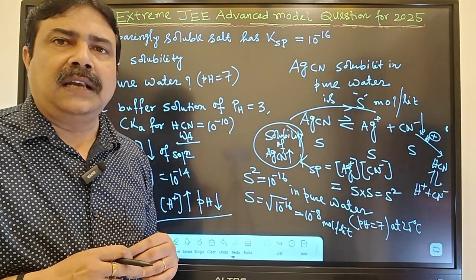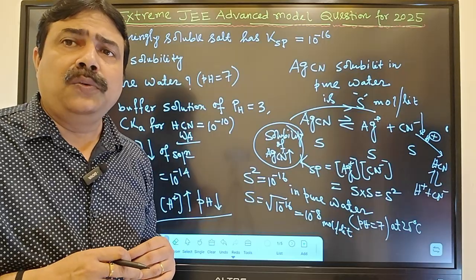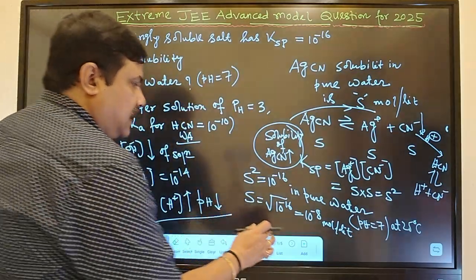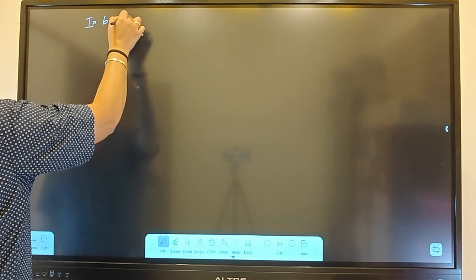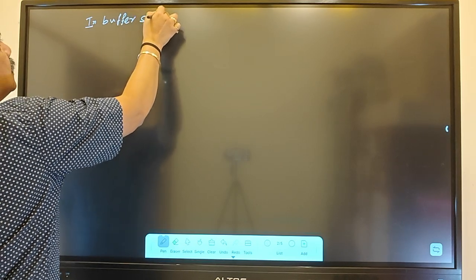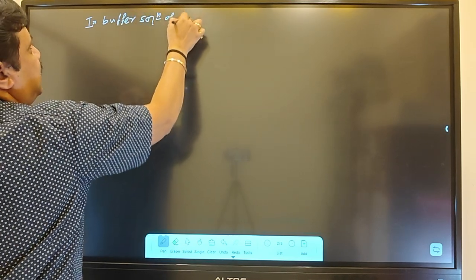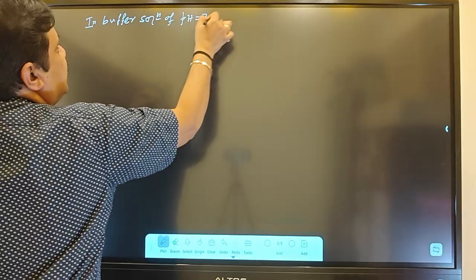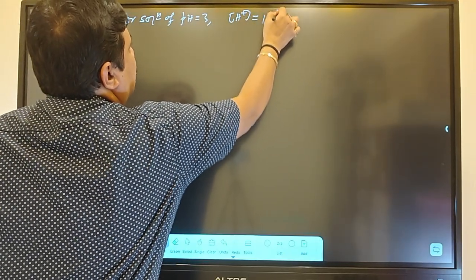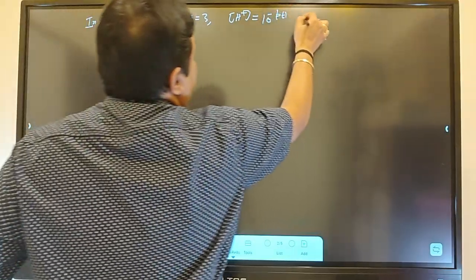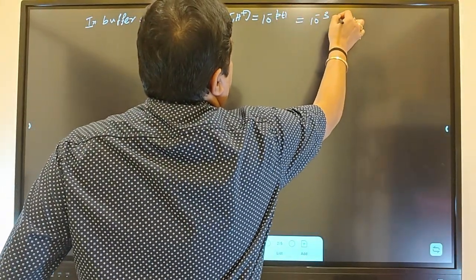Now let us look at how we will approach this problem. In a buffer solution of pH 3, the H+ concentration will be equal to 10 to the power of minus pH, which is nothing but 10 to the power of minus 3 moles per liter.